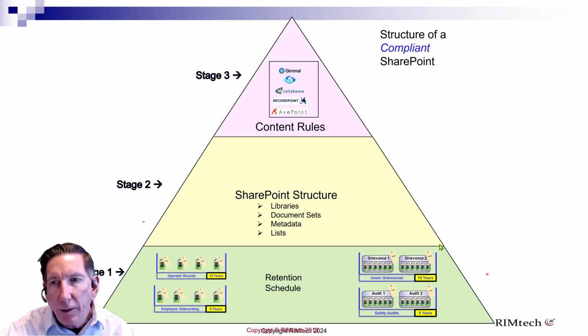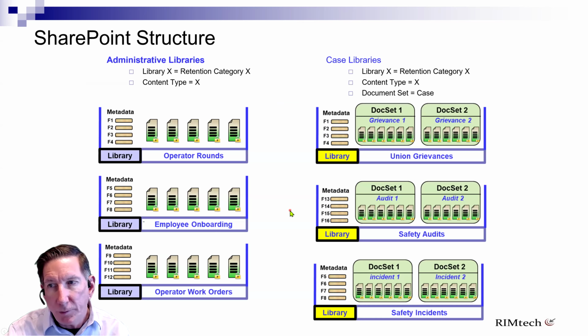We have a 3-layer cake, so to speak. The retention schedule, with 320 non-case categories on the left and 480 on the right. In the middle, we're going to have a SharePoint architecture, and on the top, we need content rules. So let's walk up this cake. Here's what the retention schedule looks like.